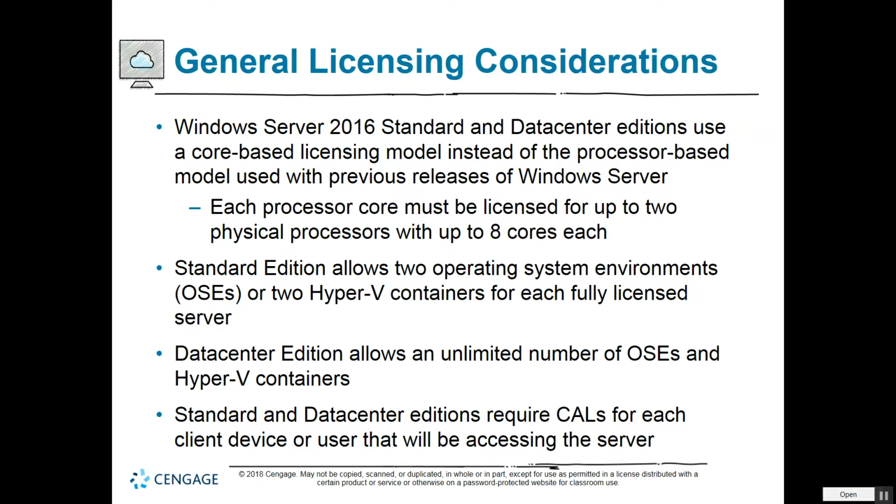A Standard Edition allows 2 operating system environments or 2 Hyper-V containers for each fully licensed server. Data Center Edition allows an unlimited number of OSEs and Hyper-V containers. Standard and Data Center Editions require CALs for each client device or user that will be accessing the server.